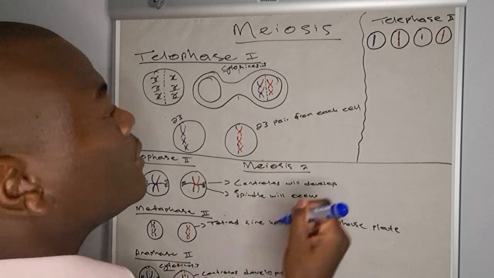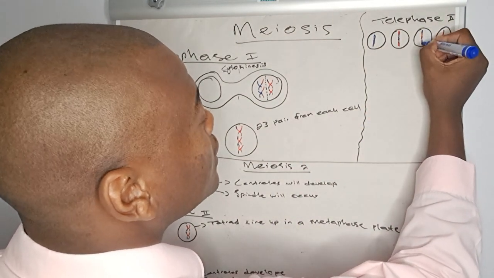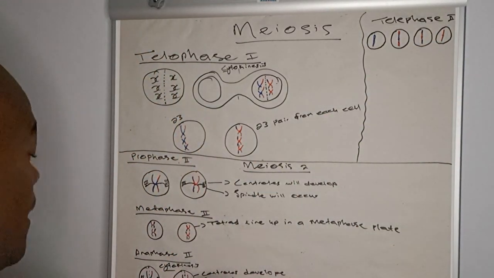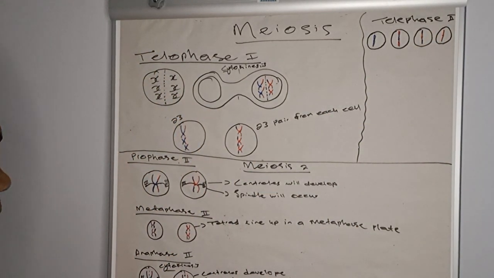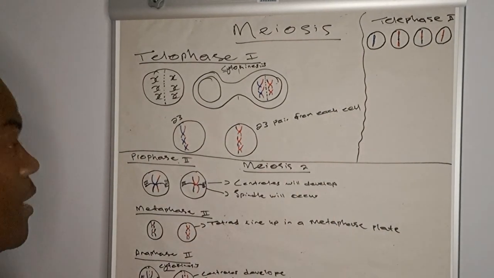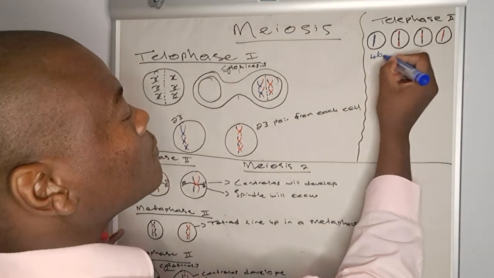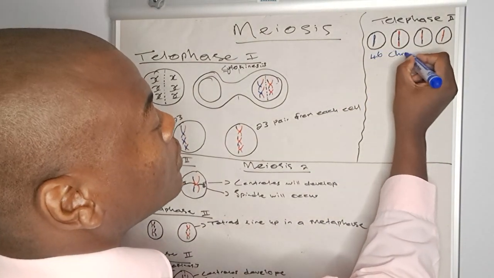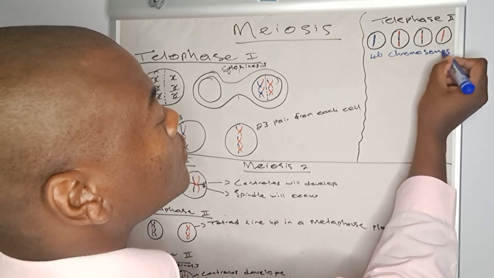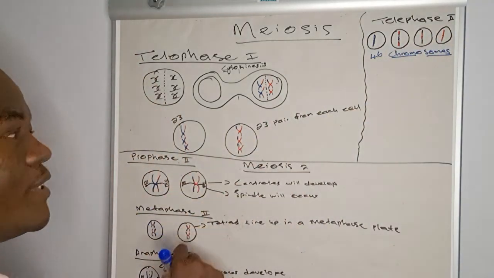You end up with 46 of these, genetic variation. Do you see? After pulling them apart here, in telophase 2, they will be like this. And then here you must have 46 chromosomes. 46 chromosomes, 46 colored bodies.